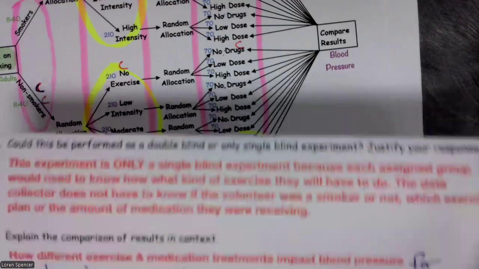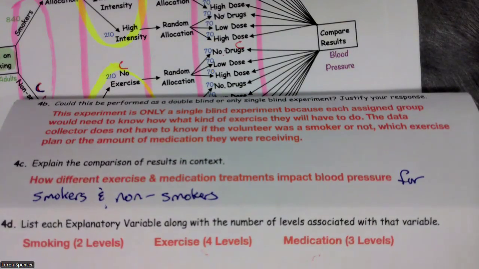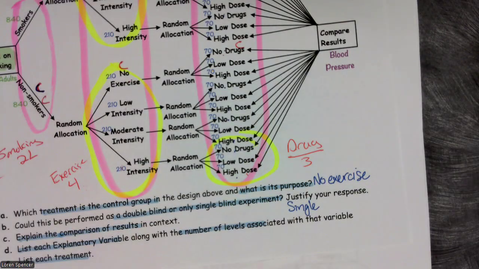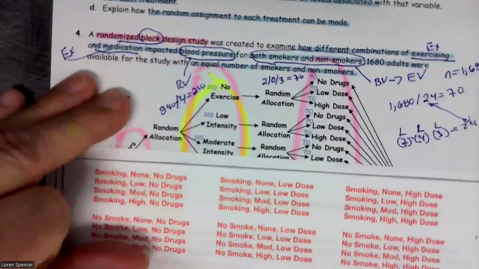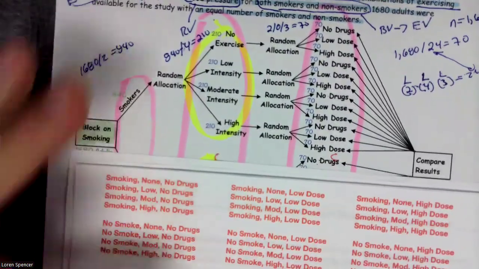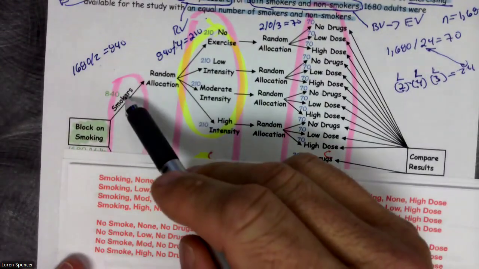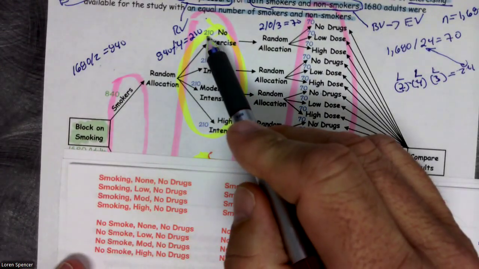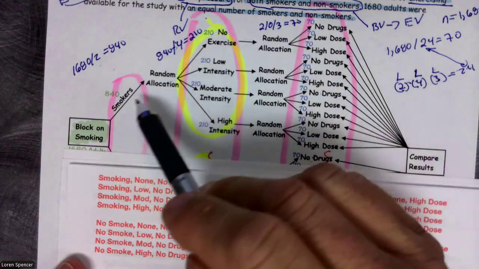Then we need to list them out. Now, there's a long way to list them first. I'm going to show that to you first, because I think it makes sense. And then after that, we'll abbreviate the way we'd want to. Smoking, no exercise, no drugs.